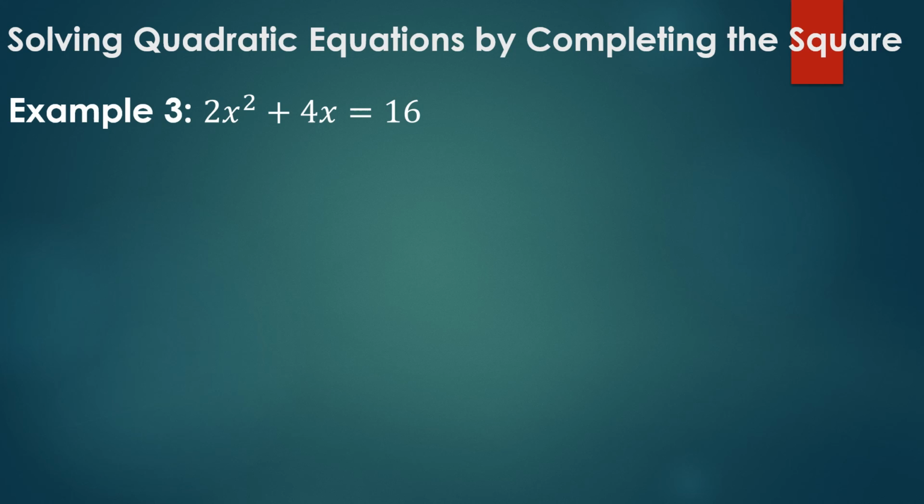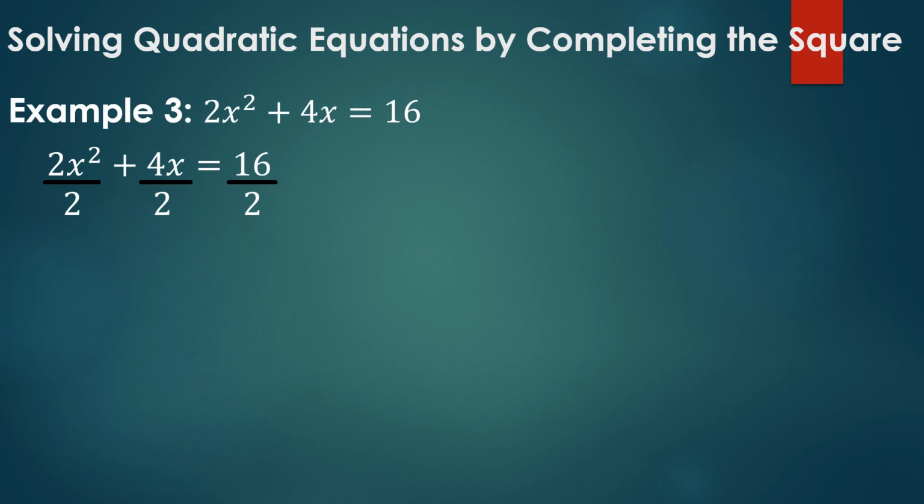2x squared plus 4x is equal to 16. Step-by-step process. Step 1, we have to make sure that the value of our a is equal to 1. In our equation, what is the value of our a? That is 2. Therefore, we have to divide each term of the equation by 2.